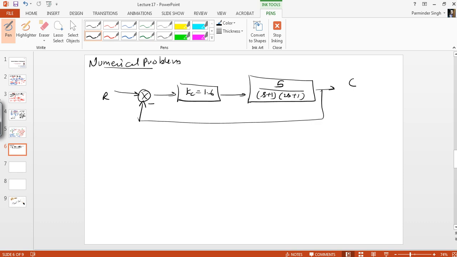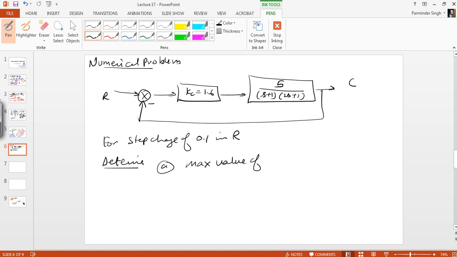Now what we need to do is, for a step change of 0.1 in R, determine the maximum value of C(t) and the time at which it occurs.